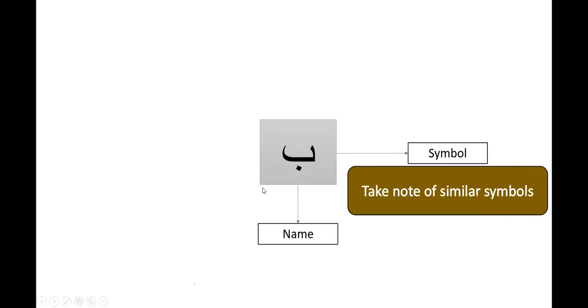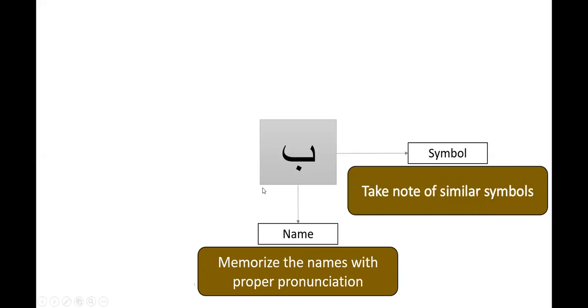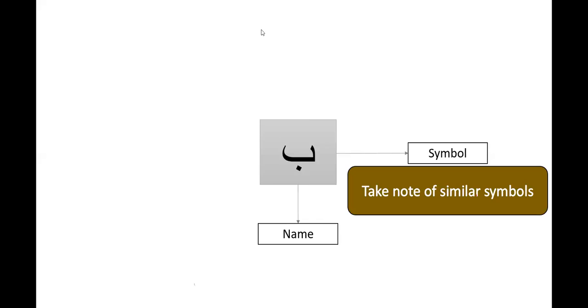Okay, the second thing is the letter's name. What do we want to take note of in the letter's name? Memorize the letter's name with the proper pronunciation. And we said why? Because the sound of the letter is found in the first part of the letter's name.